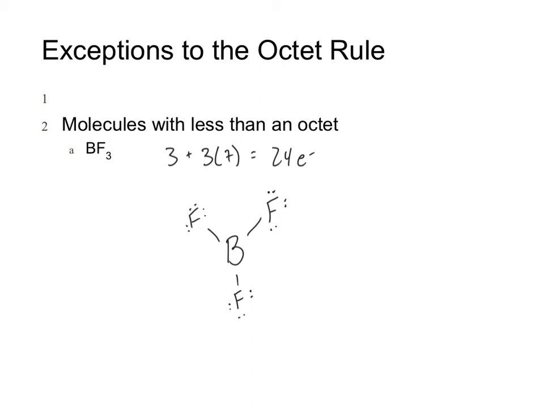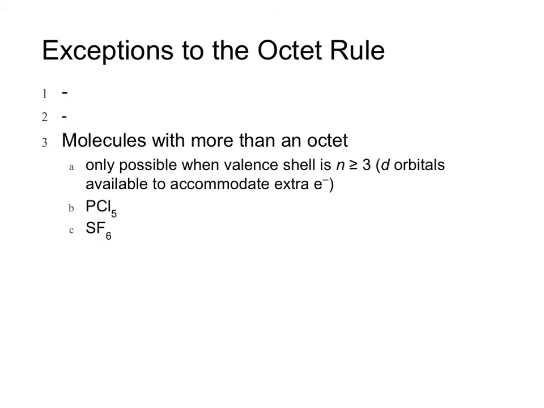Boron is one of the only atoms in which this will be the case. And so the moral of this story is if you have 6 electrons around boron, it's okay. Other atoms are large enough that they can actually fit more than an octet around them. And so phosphorus and larger, if that is the central atom, you can have more than an octet.